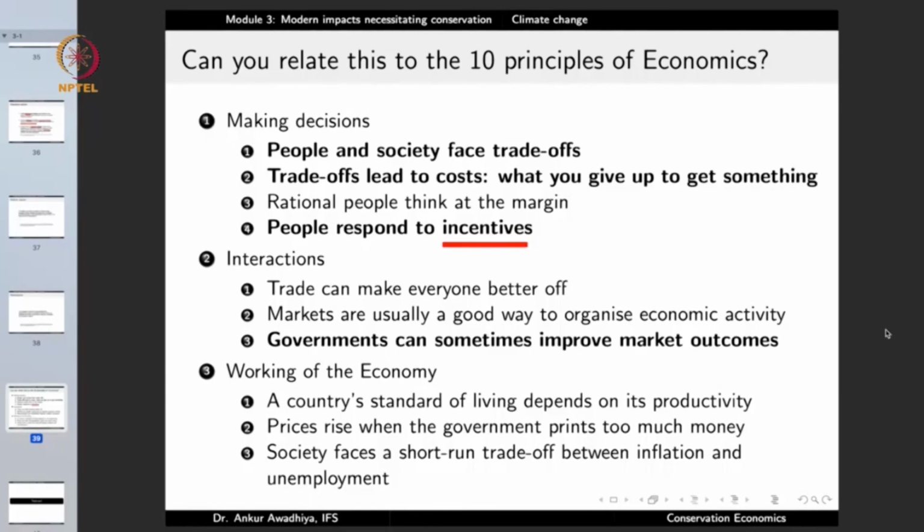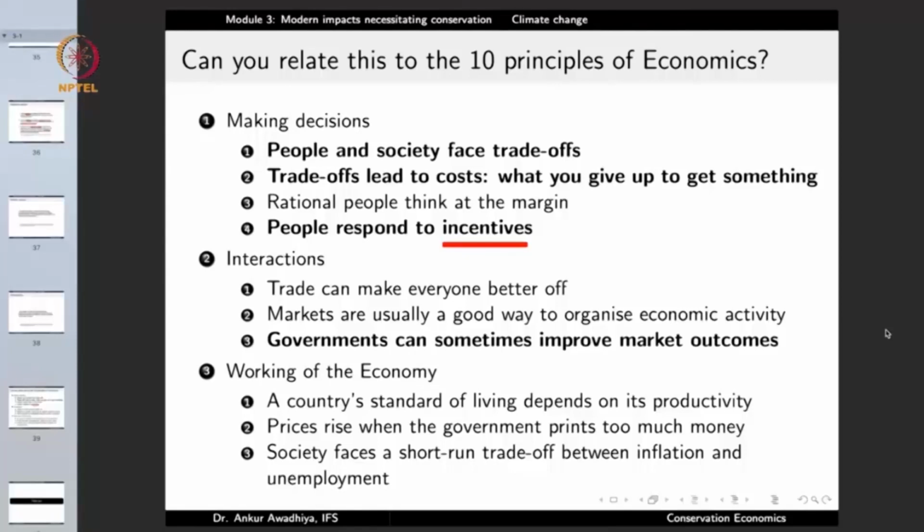And these incentives could mean things as simple as taxes and subsidies. So if airline tickets cost more because of an added tax, say because of greenhouse gas emissions, then probably fewer people will be interested in using the aircraft, and more people will shift to other modes of transportation.